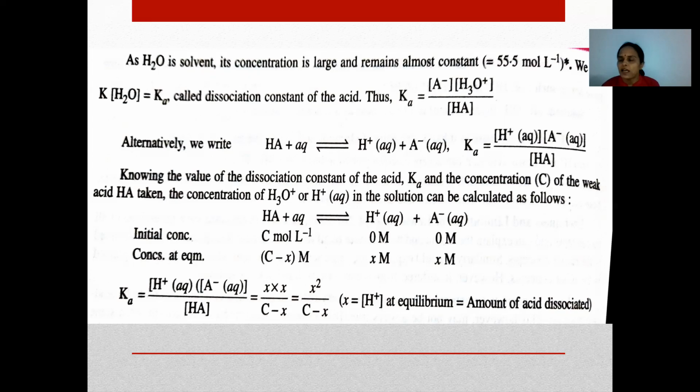So when I calculate the dissociation constant of the acid, Ka equals X times X upon C minus X, that is X squared divided by C minus X, where X equals [H+] at equilibrium, which is equal to the amount of acid dissociated.